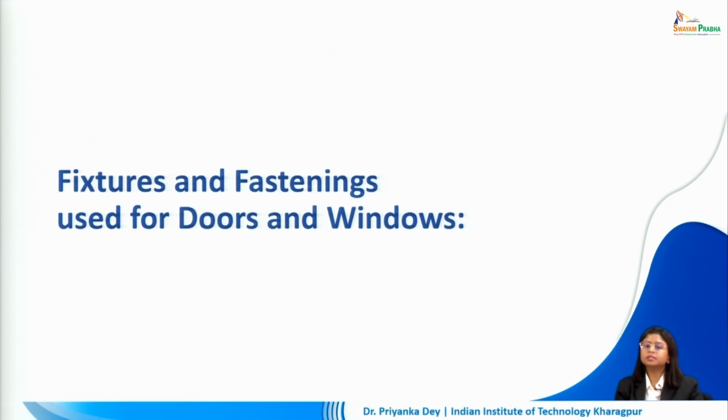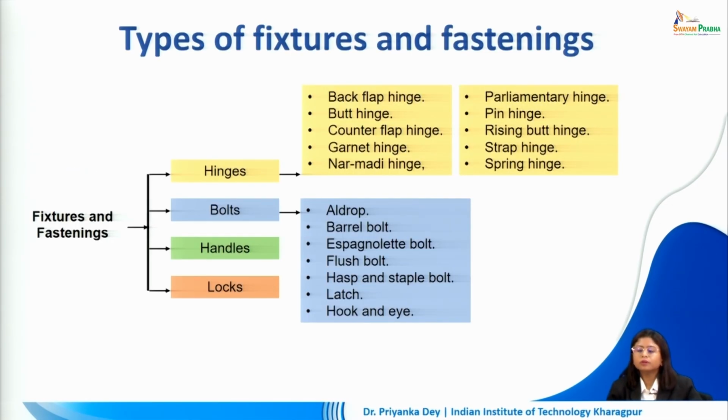So those were the different types of windows that we can use in our buildings. Let's learn a little bit about the fixtures and fastenings that are used in doors and windows. So mostly the fixtures can be classified as hinges, bolts, handles or locks.